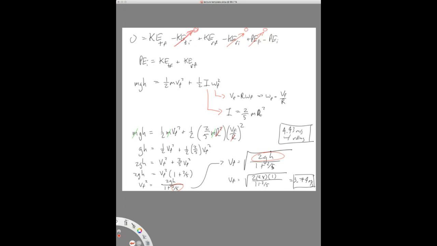If we did this problem over in a generic way, where we don't know what kind of object we have, instead of a 2/5 m r squared, we would have just some constant c that would depend on the shape.